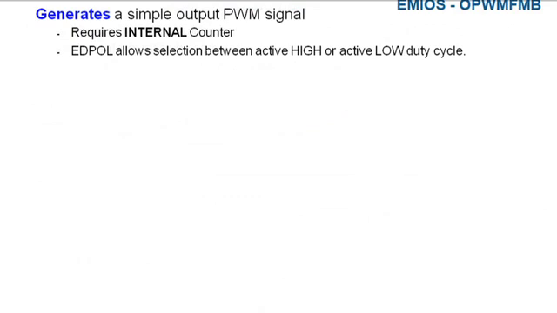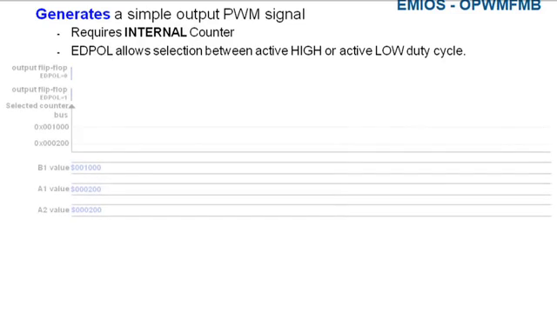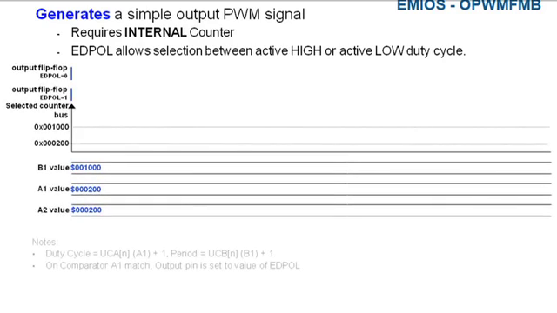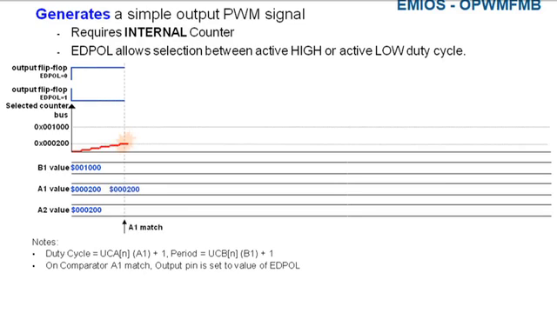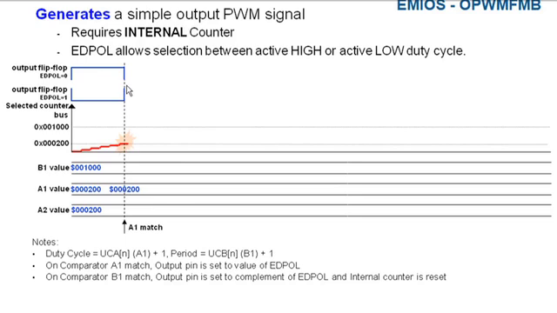Okay, PWM. The simple PWM requires an internal counter in that channel, and we're going to be using a counter, whether it be the internal counter or some other one.